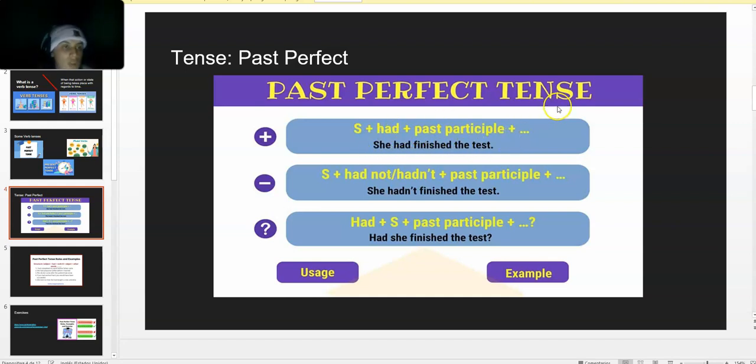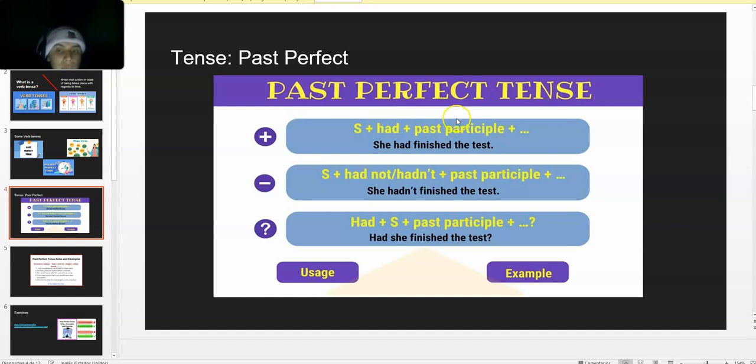The past participle is the verb form in the past. On the web you can find every list of verbs in past participle, and some verbs change in this form.